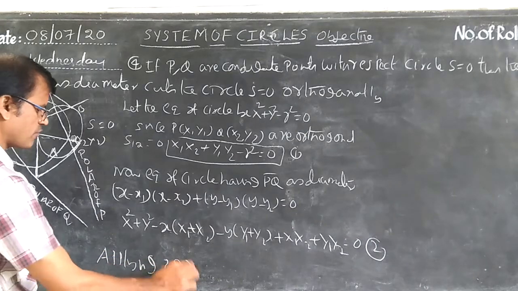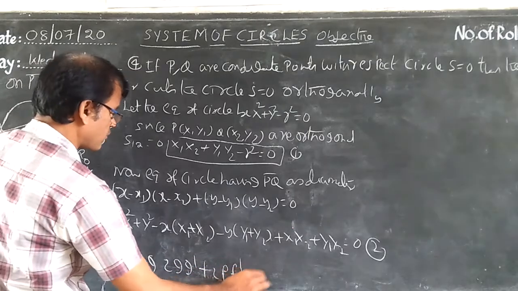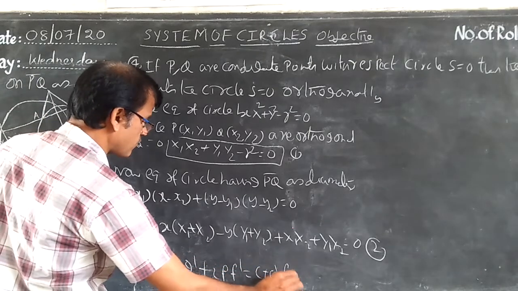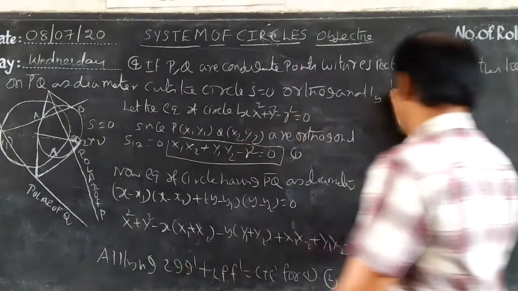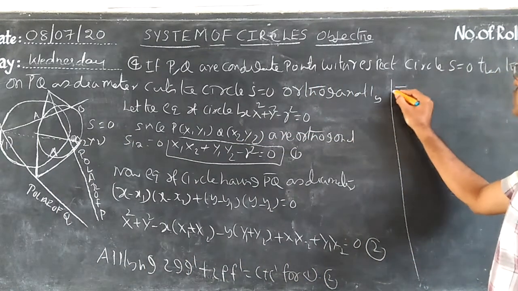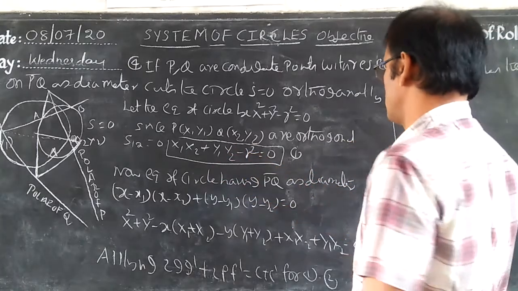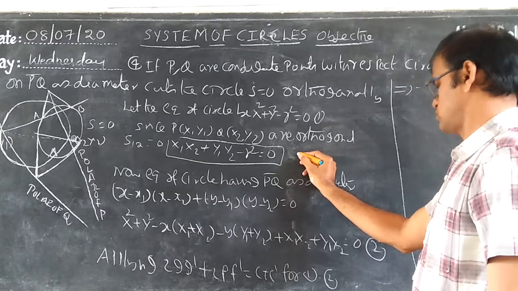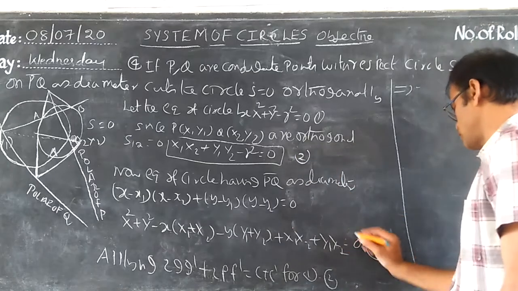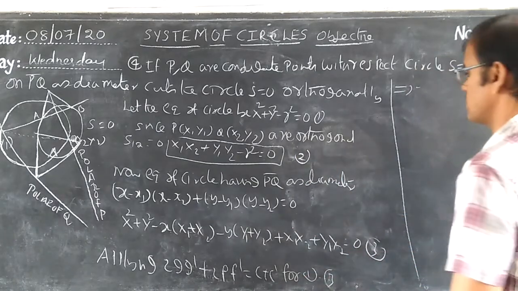Applying the condition of orthogonality, 2gg' plus 2ff' equal to c plus c' for circles 1 and 2.